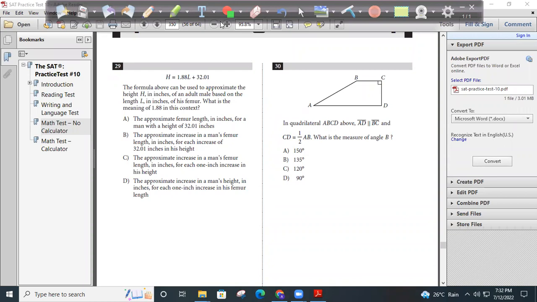Perfect. Seven students gave me an answer. Very good. But people are giving different answers. Some of them say A, some say C, some say B, some say D. Very good.